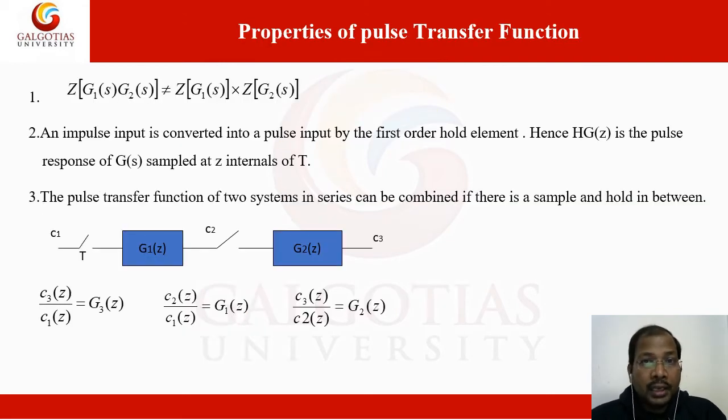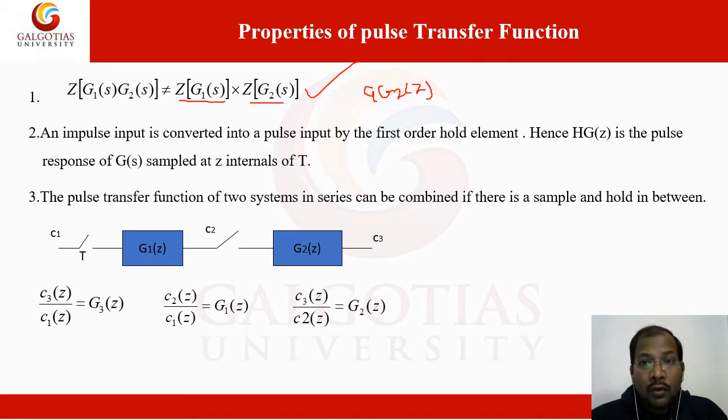Now come to the properties of the pulse transfer function. This is the first property. If we have G1 and G2 in the continuous frequency domain, connected in series or cascade, we simply multiply them. But taking the Z transform of the product is not equal to the product of the Z transforms of G1 and G2 separately. That's why we write G1G2 of Z, and the two are not equal.